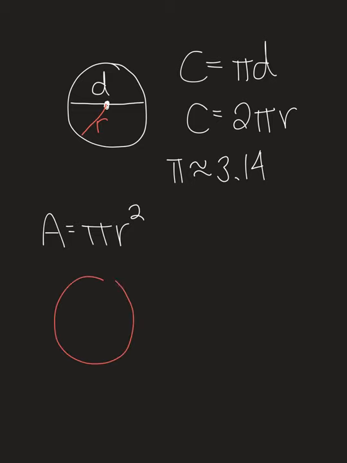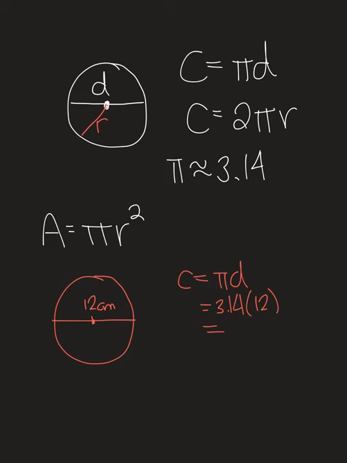So I have a circle. Let's say that the diameter is 12 centimeters. And I want to know what is the circumference. Well, I have the diameter, so I'm just going to do pi d, which is 3.14 times 12.